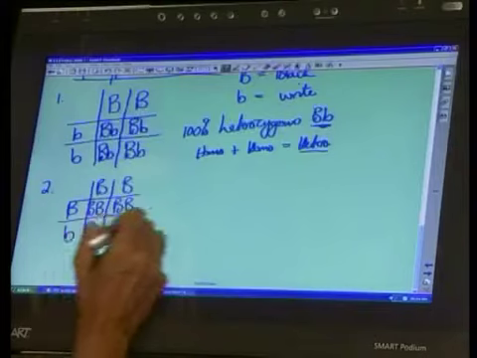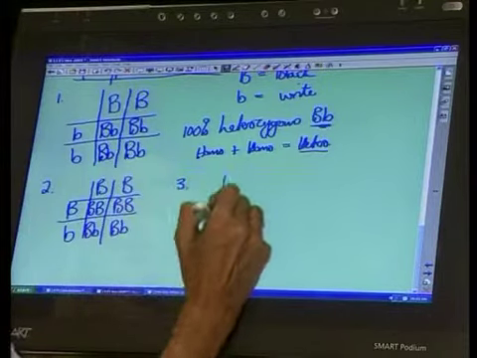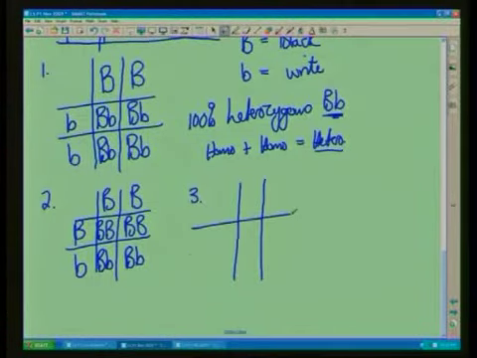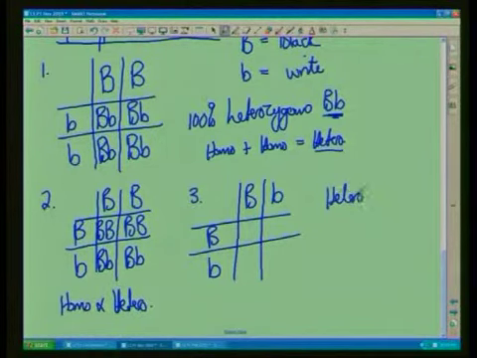Okay, you see that? Okay, now the third one, I'm going to say I'm going to have heterozygous times heterozygous. So this was homo times hetero. This is going to be hetero times hetero.